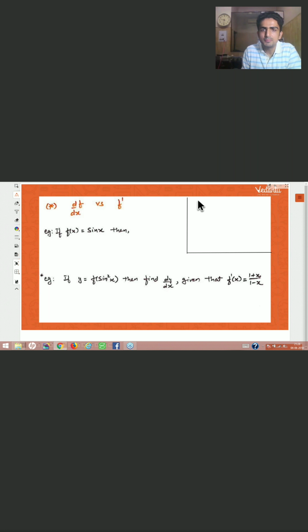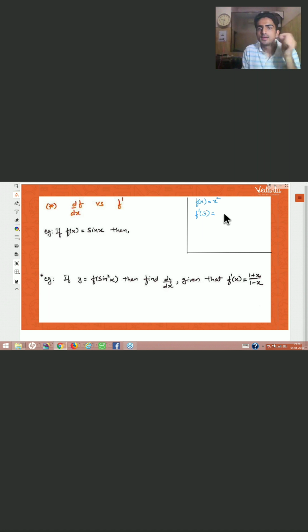Let me just write f of x as x square. Then when I say f dash at 2, or let me take 3, what do we mean by that?